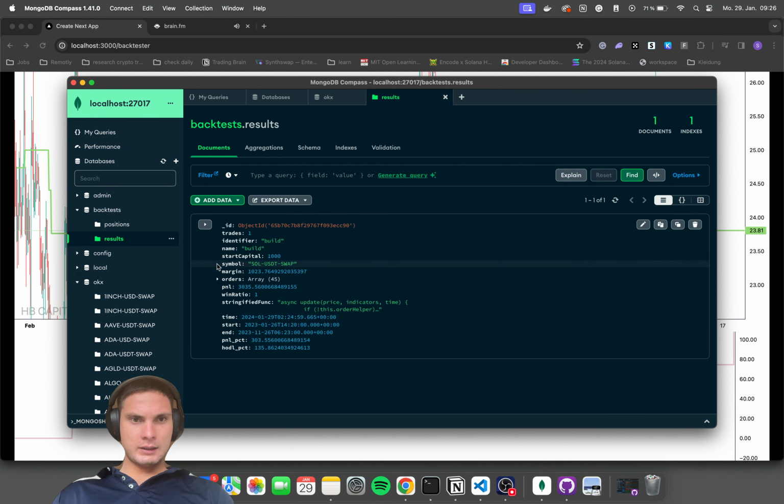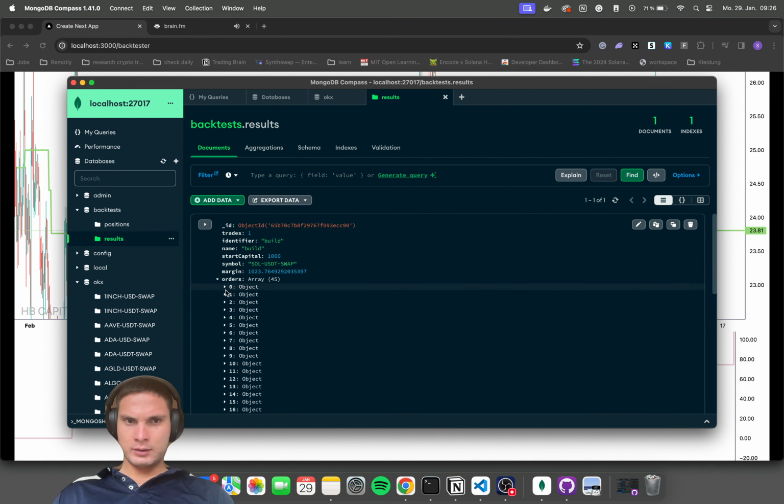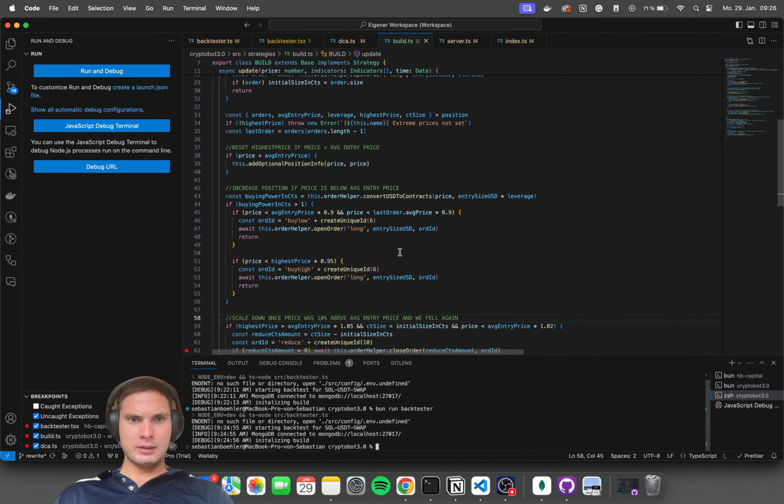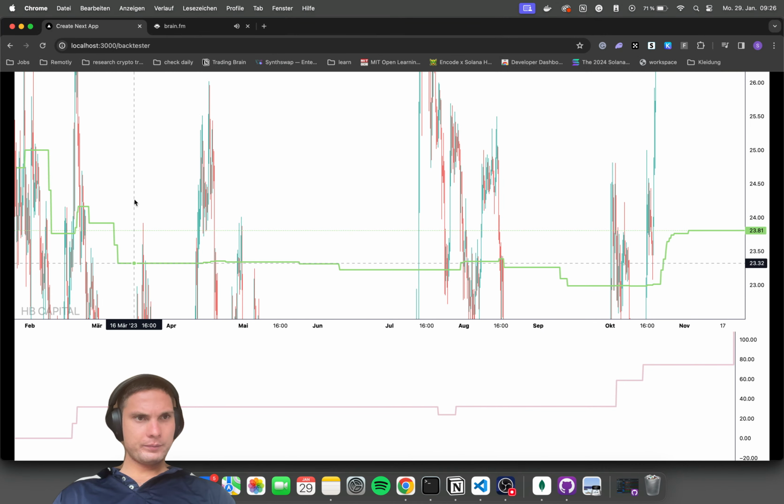Okay, so we have the open, a buy high, and the buy high triggers because price fell 5%. No, this should actually be more. Call this like 15%.